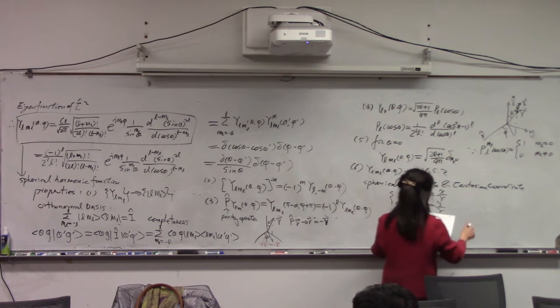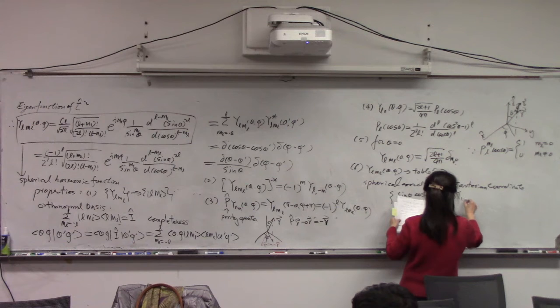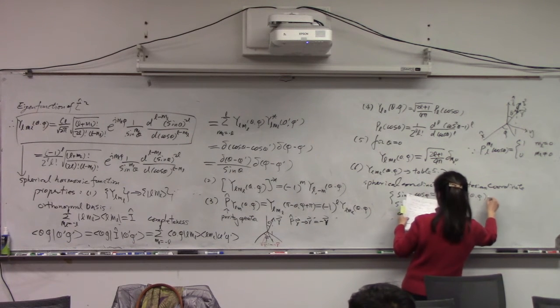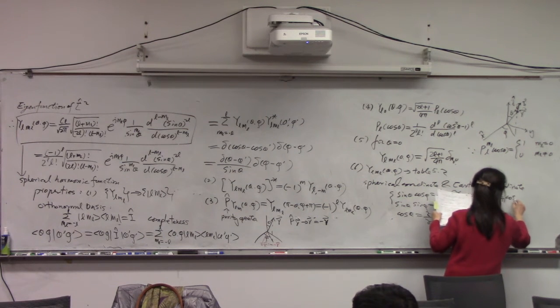Now if you look at the table, you will see Y10 of theta and phi is equal to square root of 3 over 4 pi cosine theta.